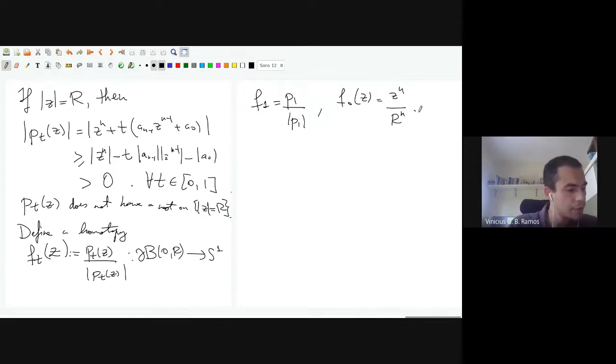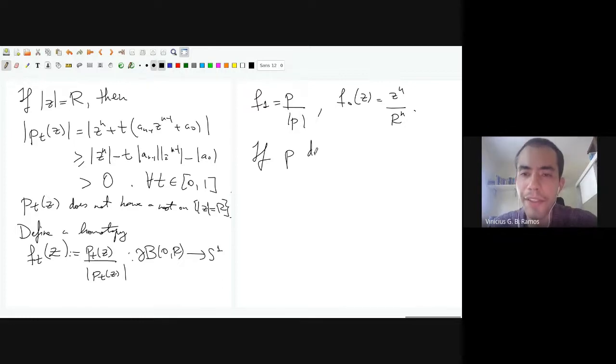Okay, so now if P_1, sorry, it's not P_1, it's P. It's my original polynomial. So if P doesn't have a 0, then I can actually extend P over the norm of P to all of the disk.